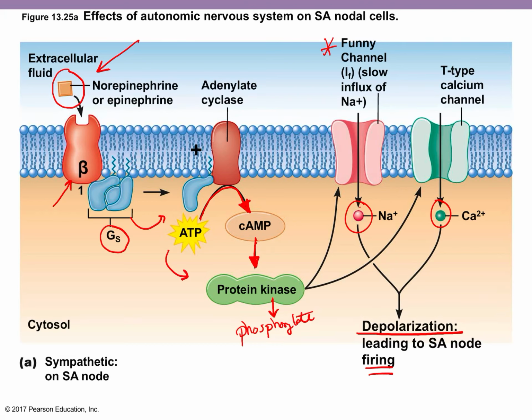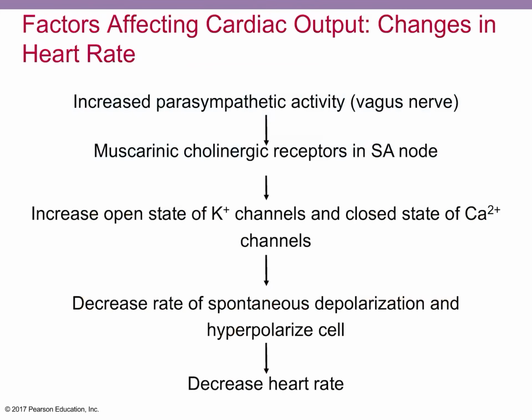So the more of this happening, the more of the secondary messenger pathway happens, and then the more positive those cells will be, and you get more depolarization. So that is how the sympathetic nervous system works to increase your heart rate, by increasing the depolarization of your SA nodes.